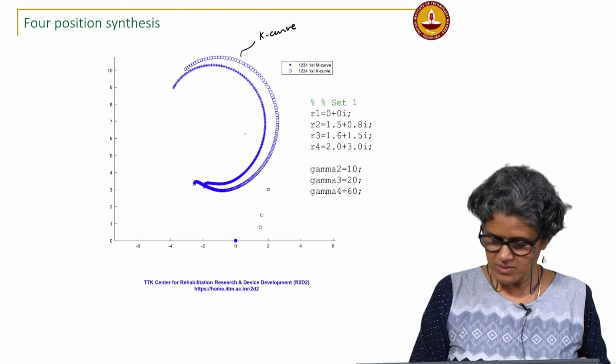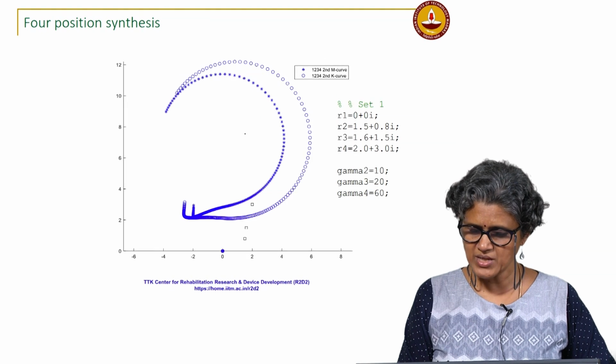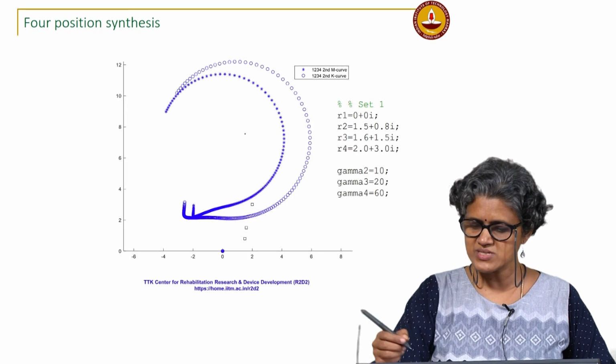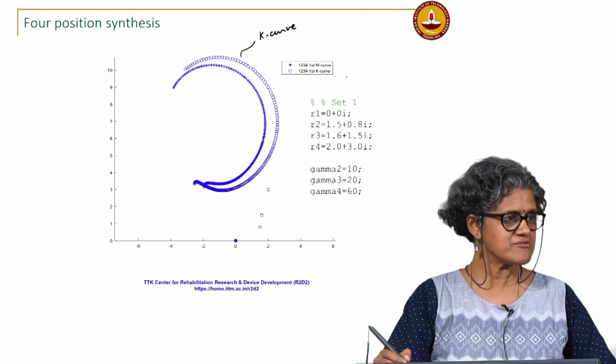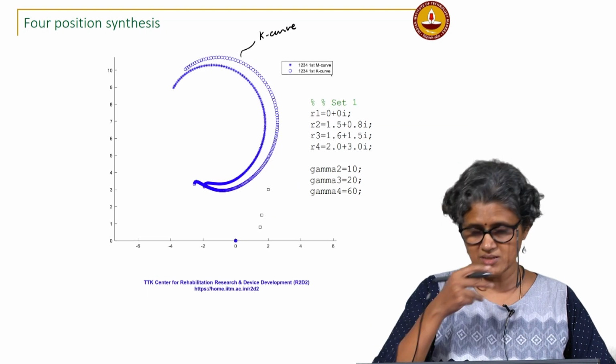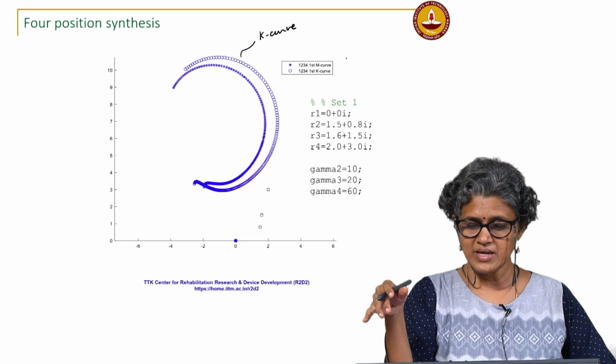Let me see if I have the other one. This is for the other mode. So, this is the second M curve, second K curve. This is the first M curve and first K curve. This corresponds to phi 3 phi 4, the M curve and K curve.